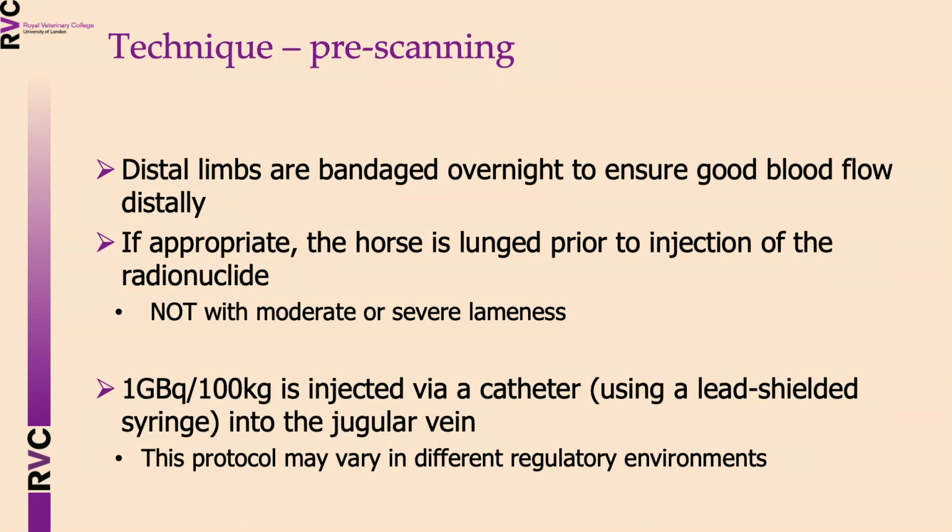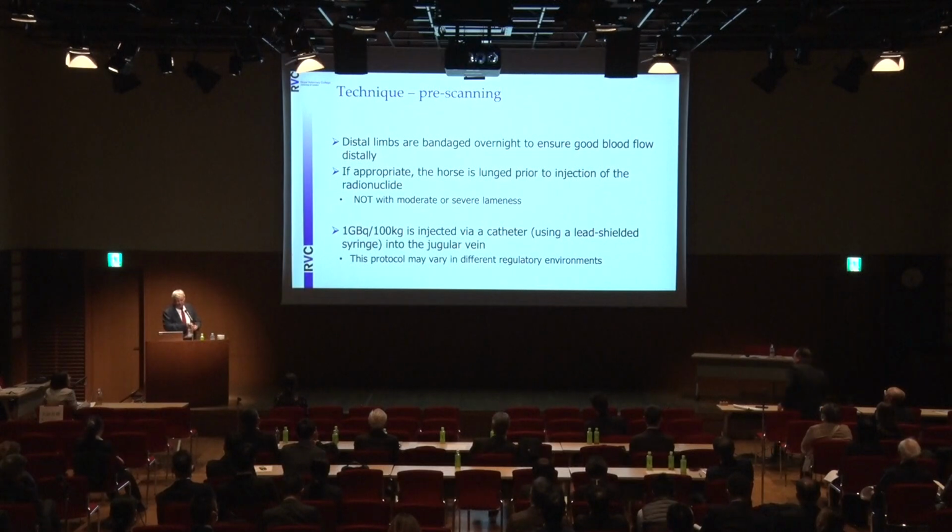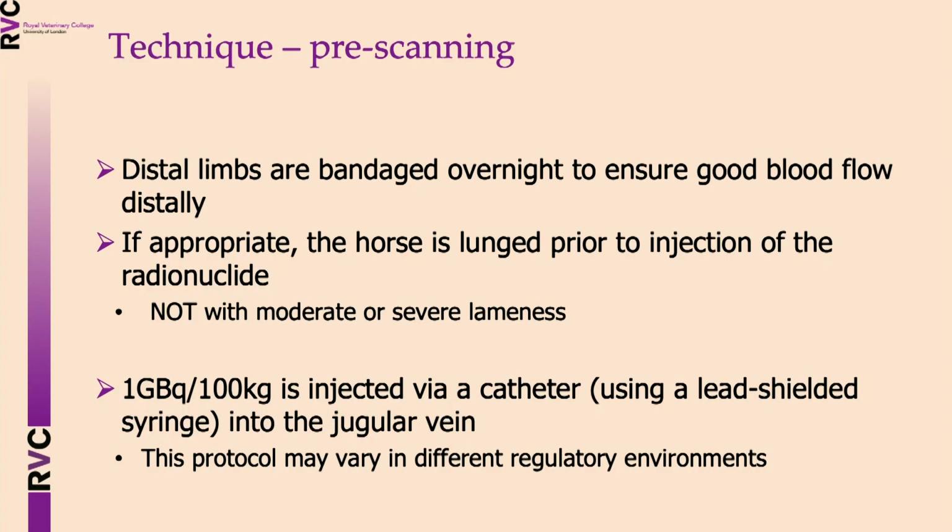In addition, the horse is lunged prior to injection to have the same effect, but we do not lunge them when they have moderate to severe lameness because often we are worried about fracture.